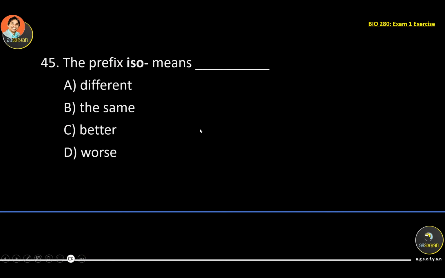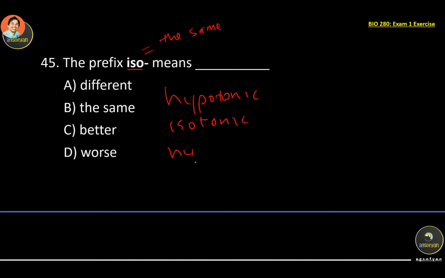The prefix iso. Iso means the same. Like a solution called hypotonic, isotonic, and hypertonic.